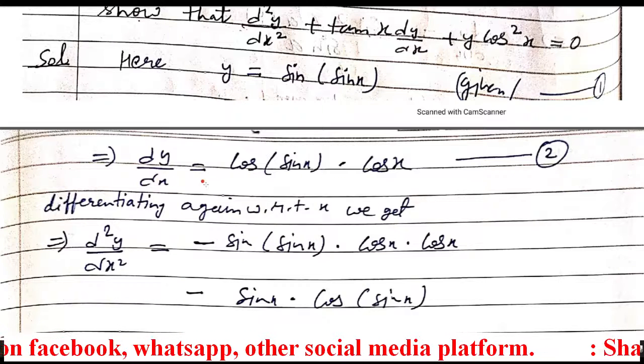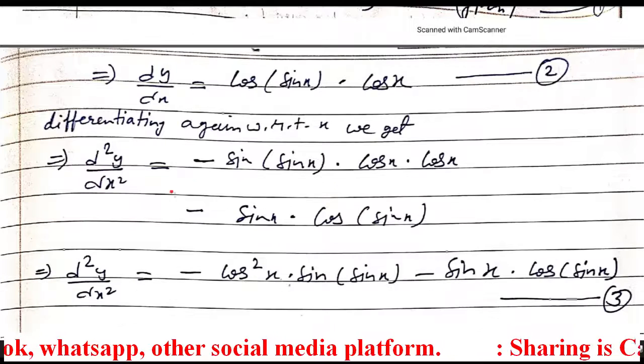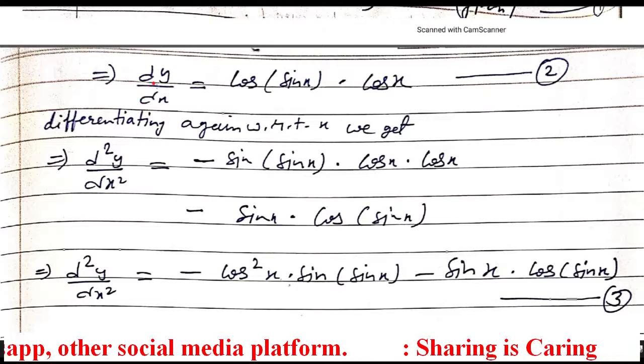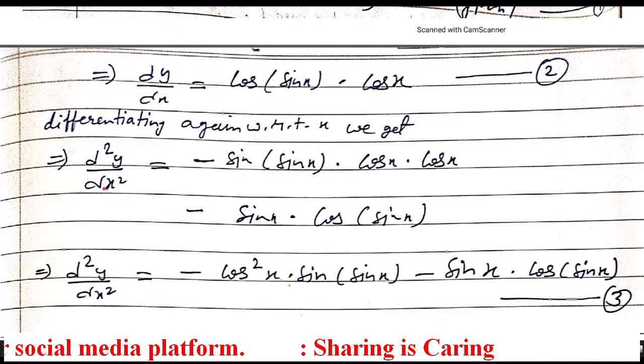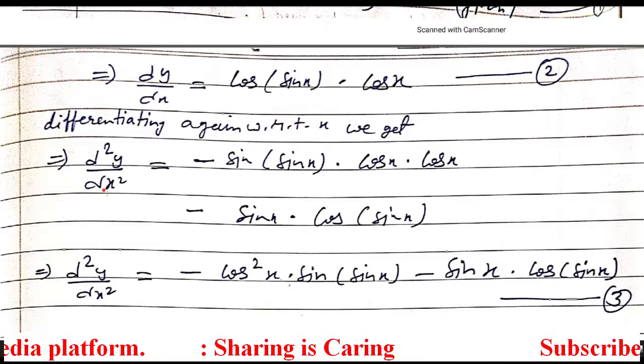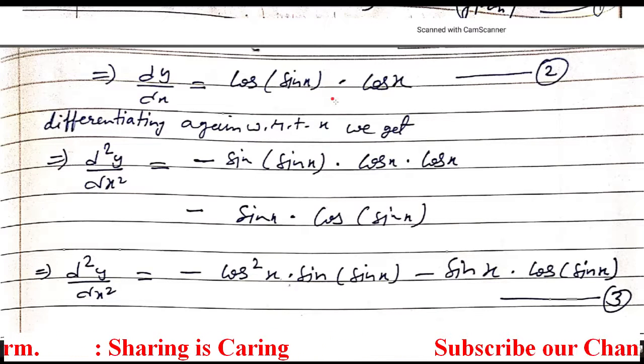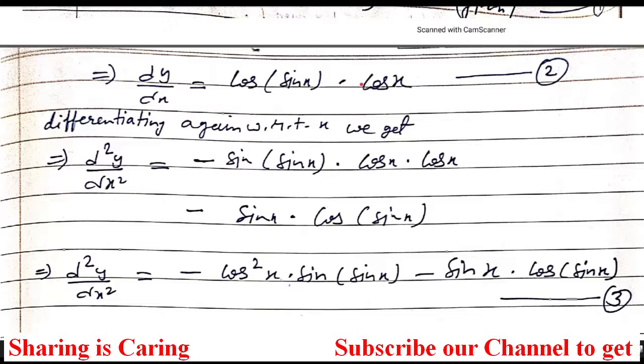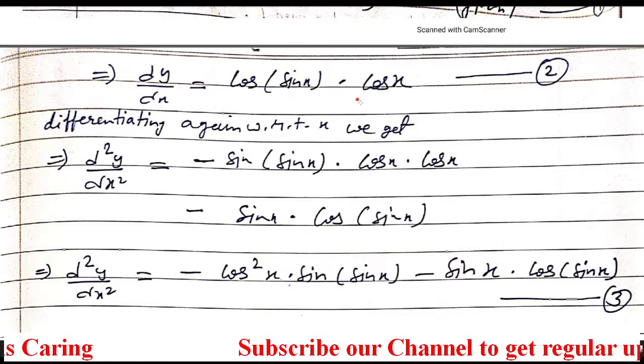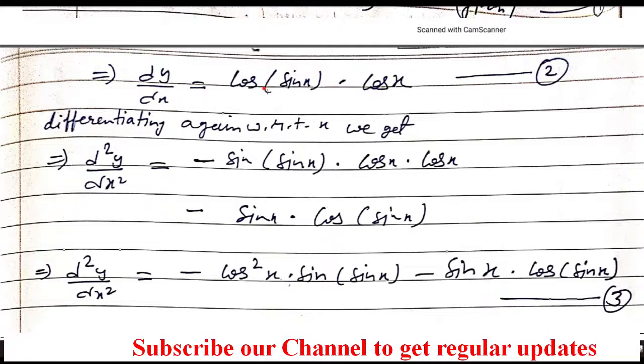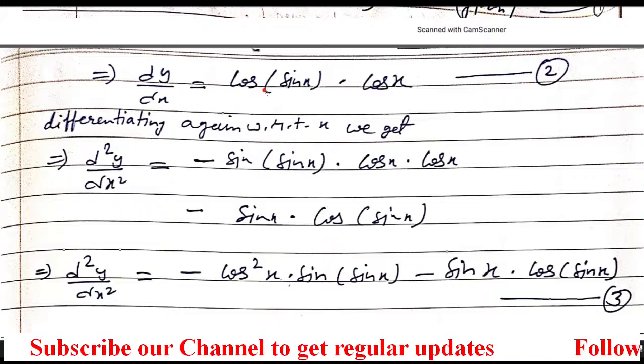Now we will differentiate it again with respect to x to obtain the second order derivative, that is d²y/dx². Now here these are two functions. Whenever we have to differentiate two functions, at a time only one function is differentiated and the other function you just keep as it is.